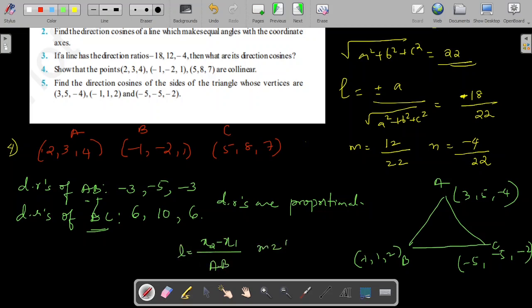Then m is y2 minus y1 divided by AB, the distance between the 2 points A and B. n is z2 minus z1 divided by the distance between the 2 points A and B. Similarly, do it for BC, divided by BC, and for AC, divided by AC. This is how we solve problems related to direction cosines and direction ratios.